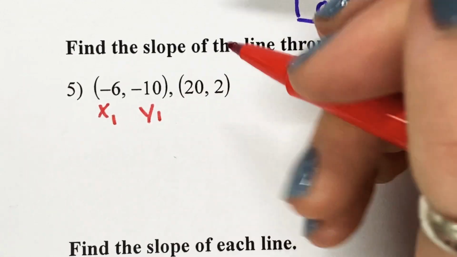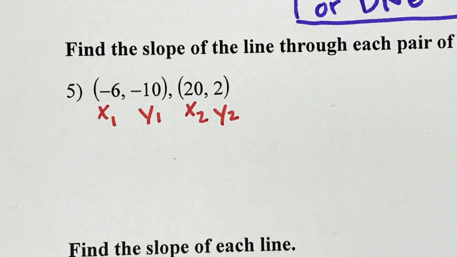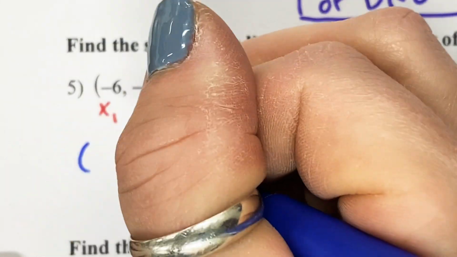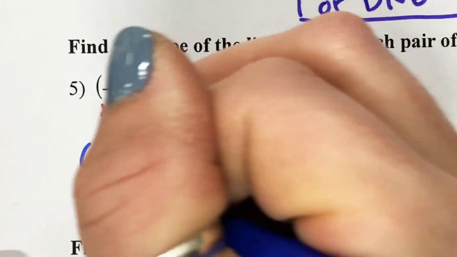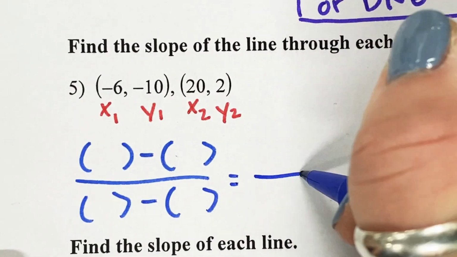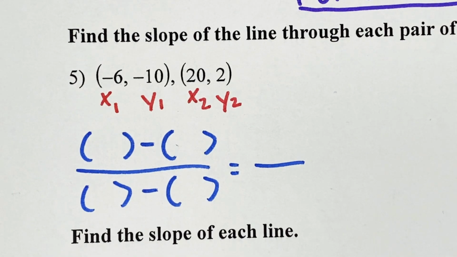If this is my second coordinate point, that means this is my x2 and my y2. Now that we have it labeled, let's fill in our formula, but without the x1s, the y1s, and the x2s and y2s. We're just going to leave these blank spaces and fill them in.